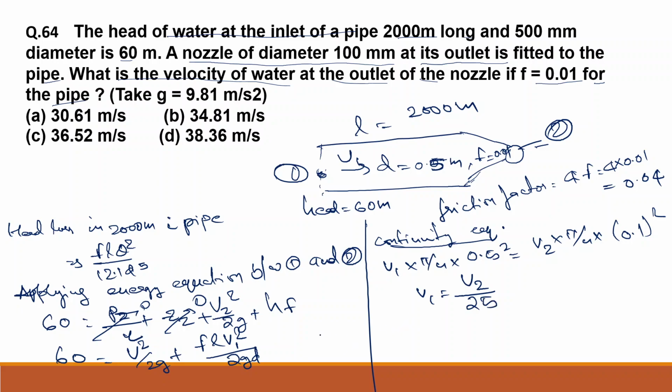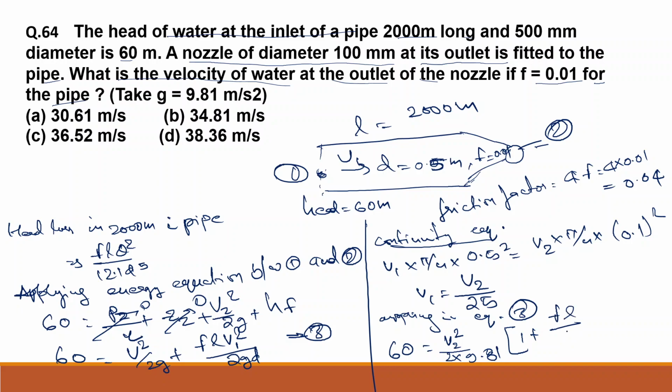Applying all the values in this equation, in equation number 3, we get 60 is equal to V2 square upon 2 into 9.81 plus FL upon D into 625.